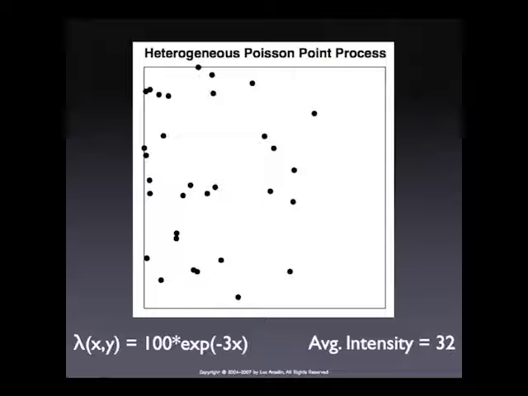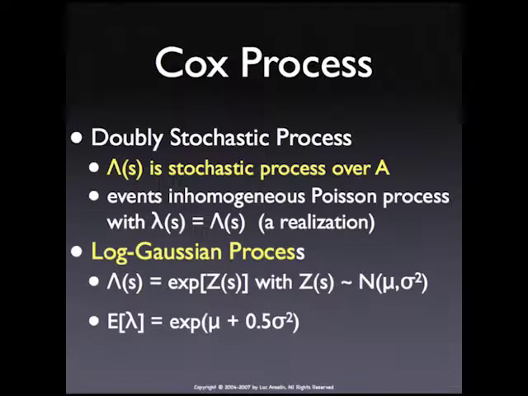So far, we've worked with the deterministic variability of the intensity. Now let's make it random. So this is this double random, double stochastic process. So the intensity, we call it capital lambda of S, is a stochastic process over the area. It's a random process. And the events themselves draw their intensity from this random process.